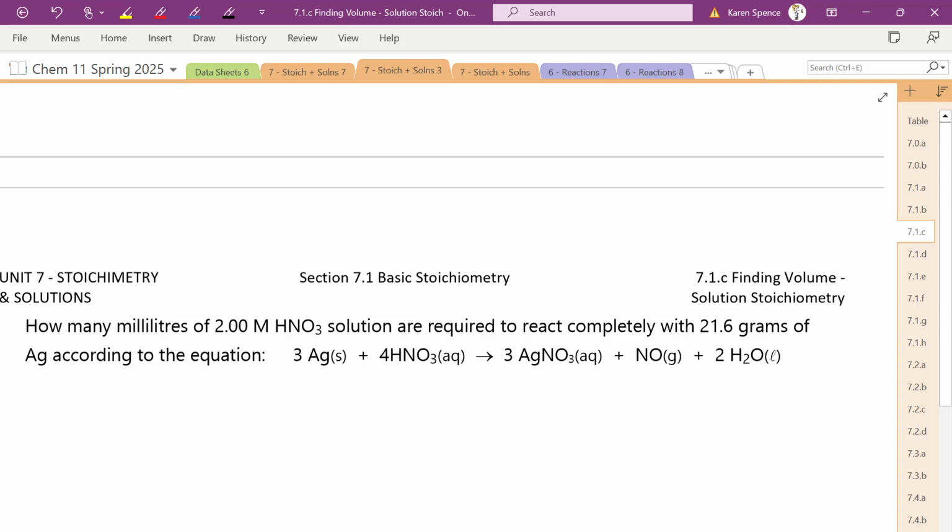Yes. So pages 18 and 19 is what you're working on.